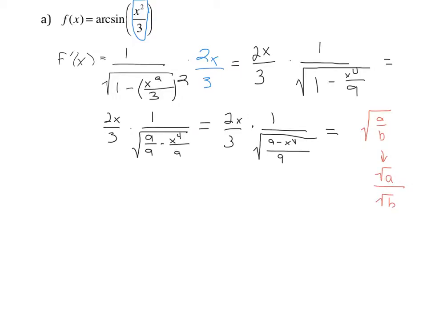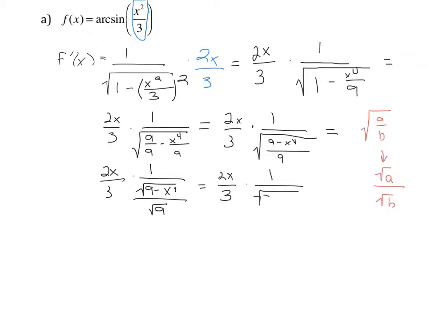I can just break them up and give each its own private radical. So I will have the square root of 9 minus x to the 4th over the square root of 9, and then I can simplify the square root of 9. That's sort of the point of doing that, so that we can reduce it. So we still have the square root of 9 minus x to the 4th over 3.